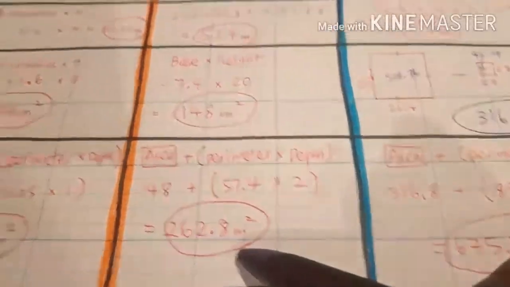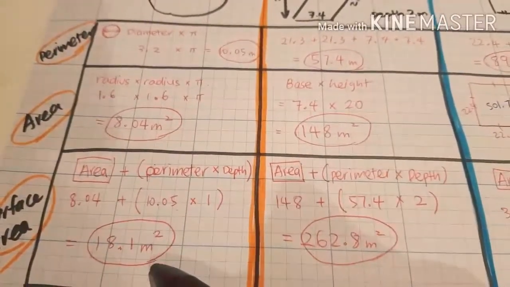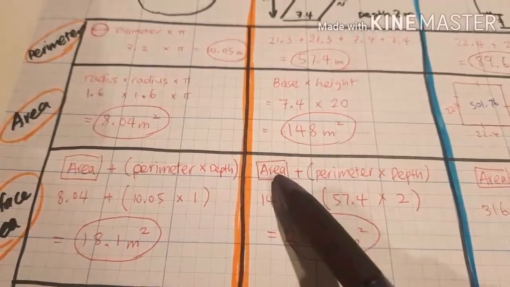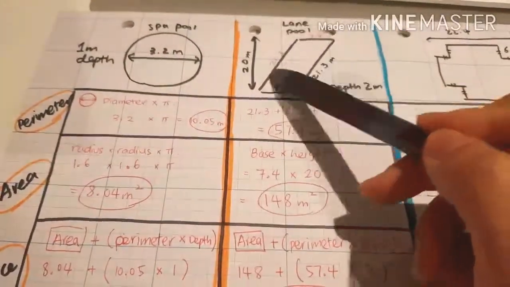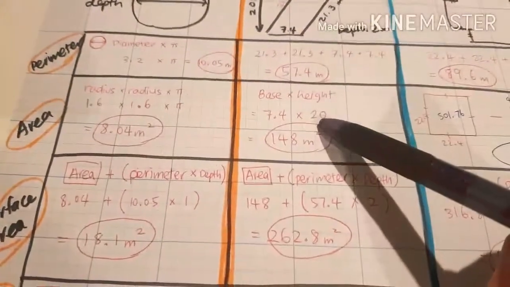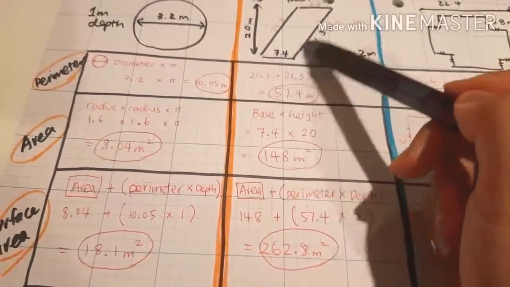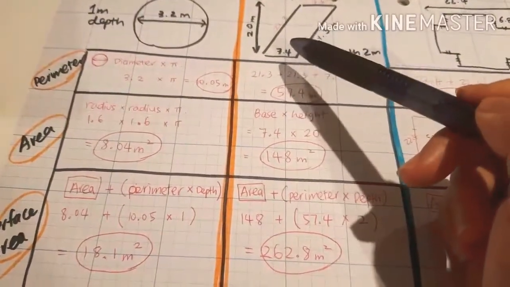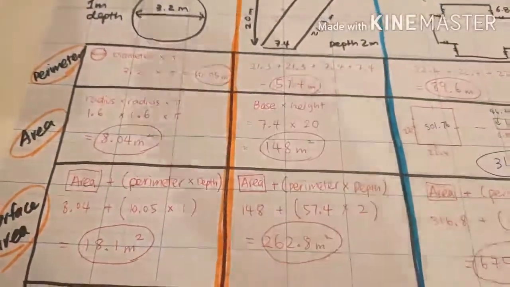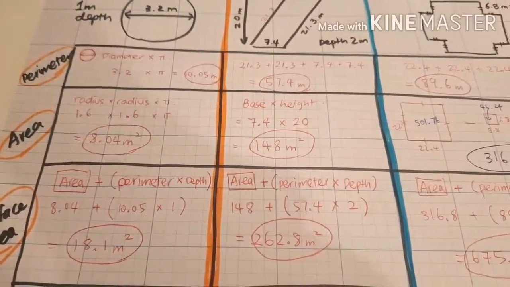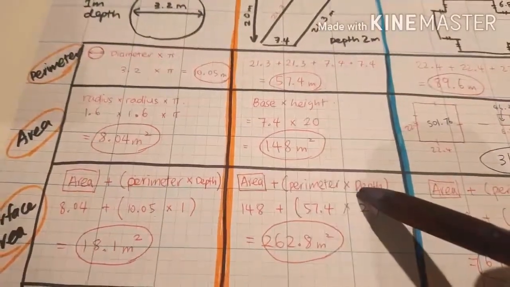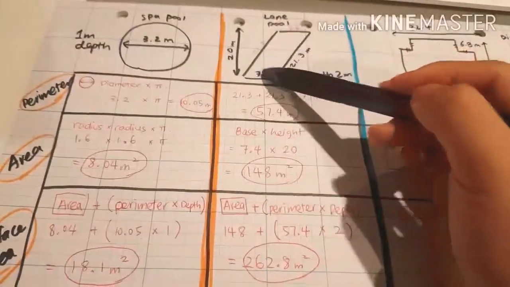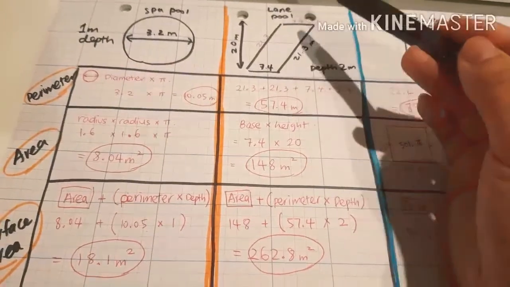Surface area, same thing as the previous one. What is the formula? I need to find the area, the 2D shape area. Then I'm going to find the area of the sides, so I need the perimeter of the base shape times the depth.